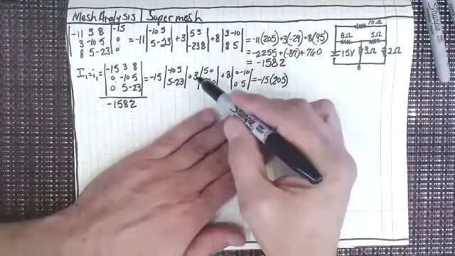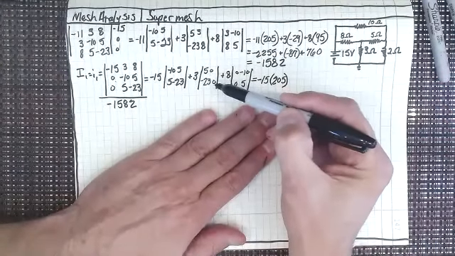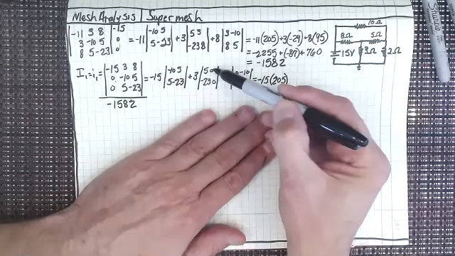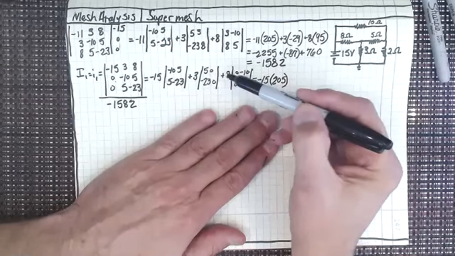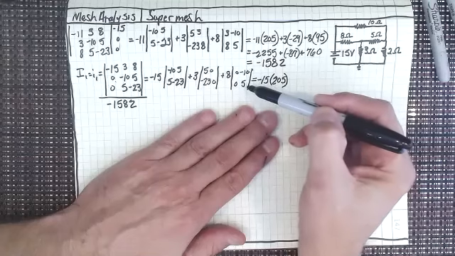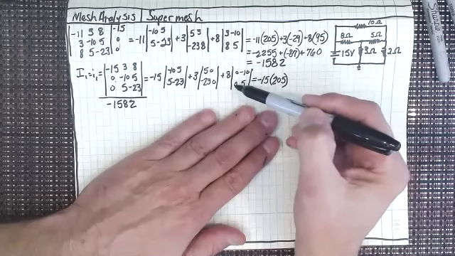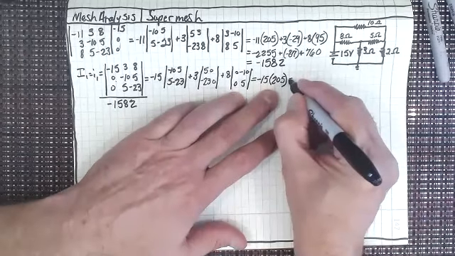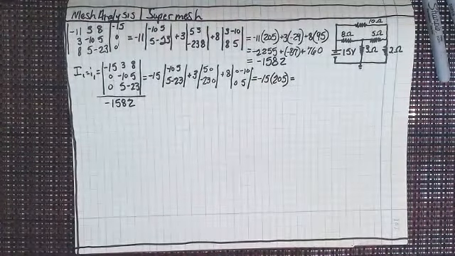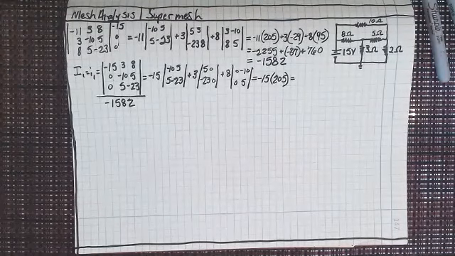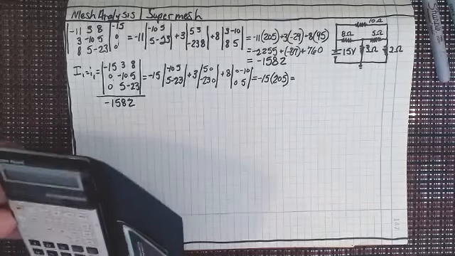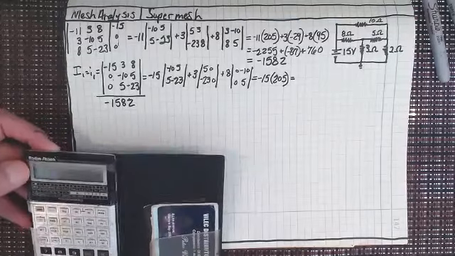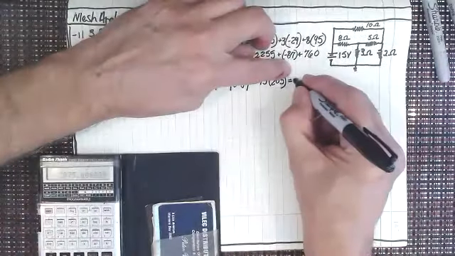And the next one, well, let's see, 5 times 0, I'll do that one, 0, minus 23 times 0, so that's 0, plus 8, 0 times 5, that's 0, minus 0 times minus 10, that's 0, so that's 0, 0, 0, right? So what I really have is minus 15 times 205. And that gives me minus 3,075.